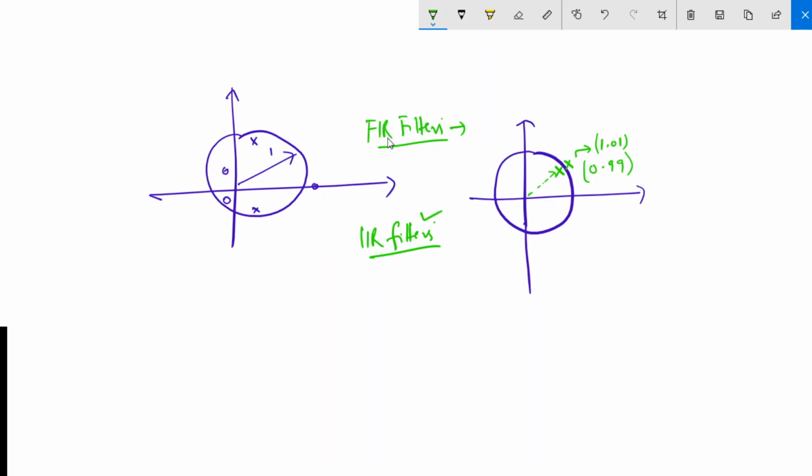But IIR filters have zeros as well as poles, and you have to make sure that all the poles lie inside the unit circle for the system to be stable. So whenever you design any IIR system, you have to study the effects of finite word length before you implement it.